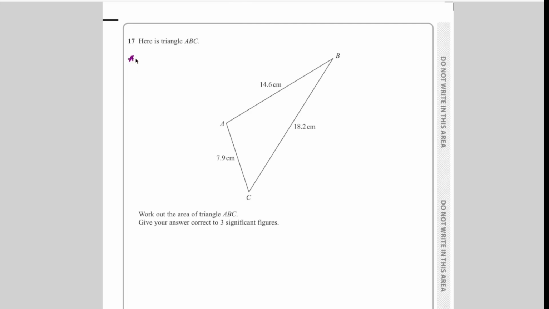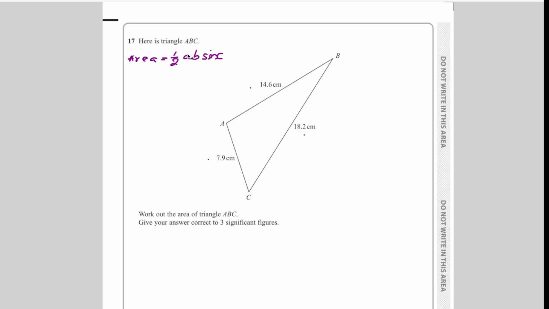So area equals either half into base into height or half into ab sine C. Now in this case, since we've been given all three sides, we can figure out any angle of this triangle.